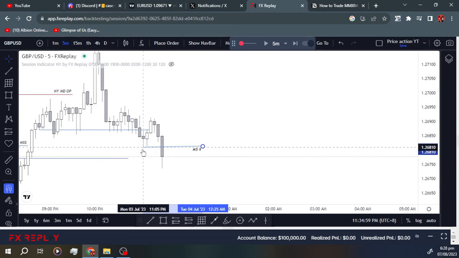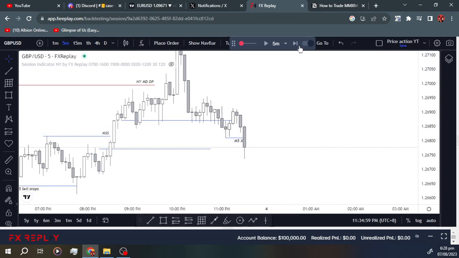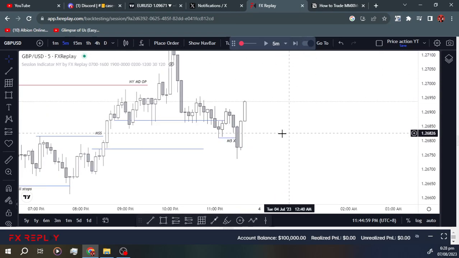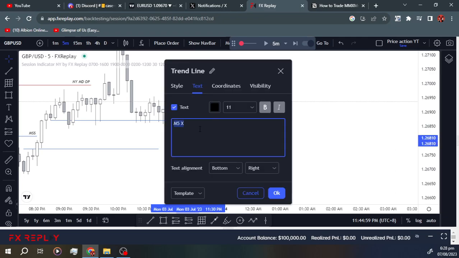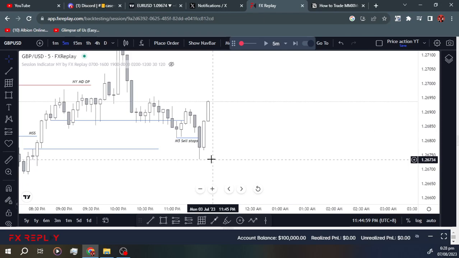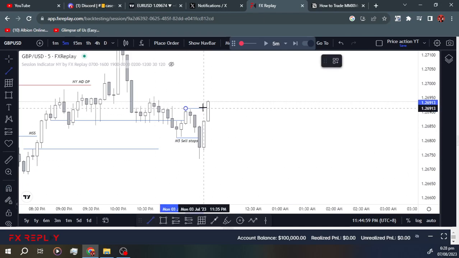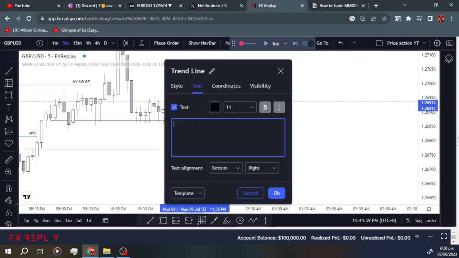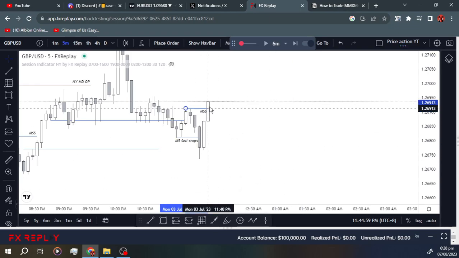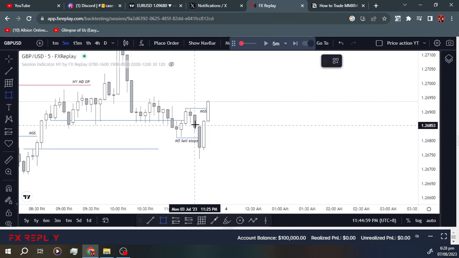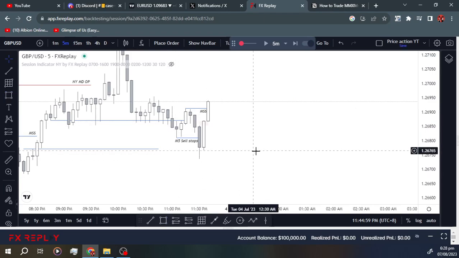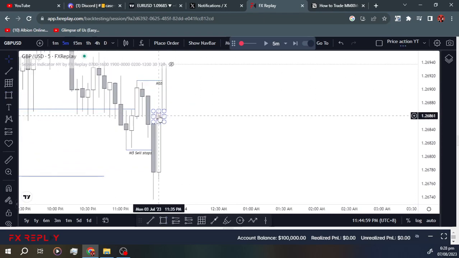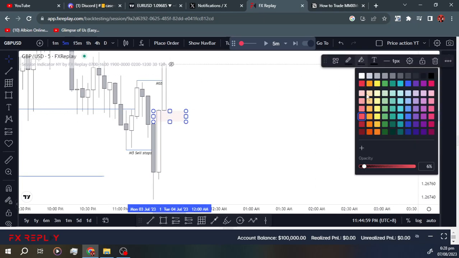Sell stops, M5. Boom, there we go. This one is something that I would love to trade live. This is the market structure shift, and this is the fair value gap right here.